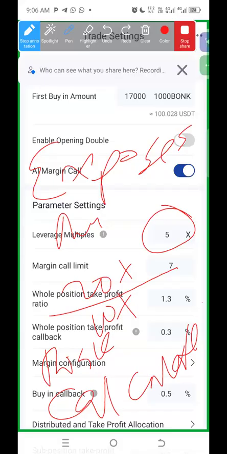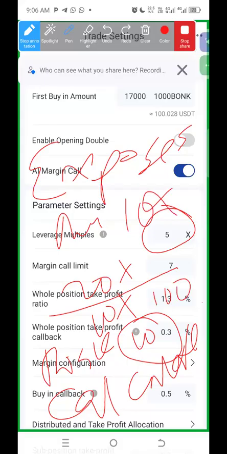Let's say you are going into a market with $10 as your capital. Your leverage is 10x, which is 10 times 10, 100. Another person is going into the market with the same capital of $10, but his leverage is 5x.